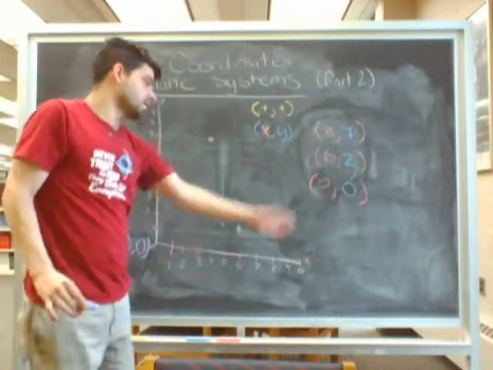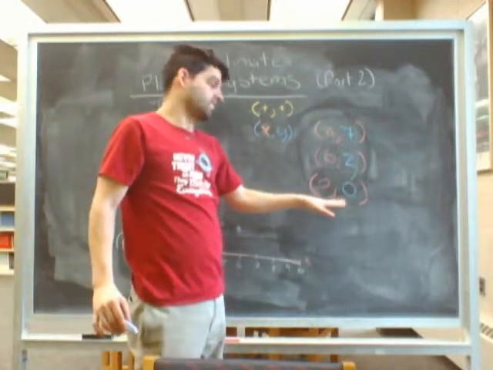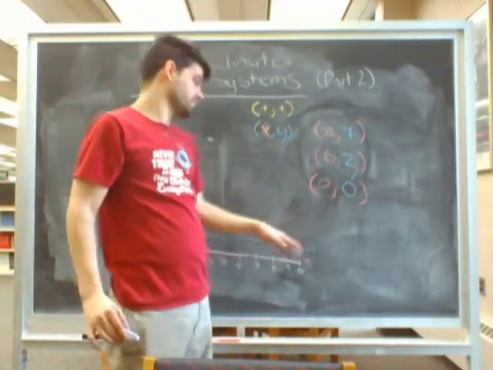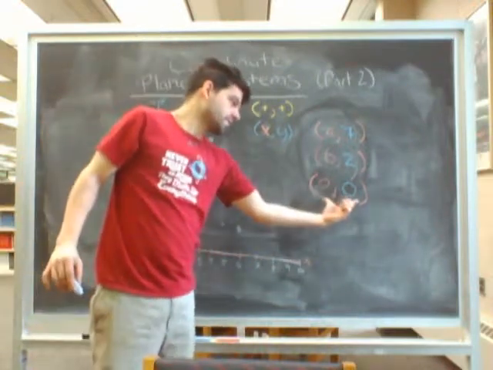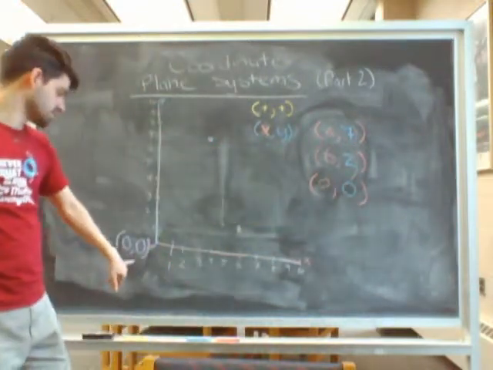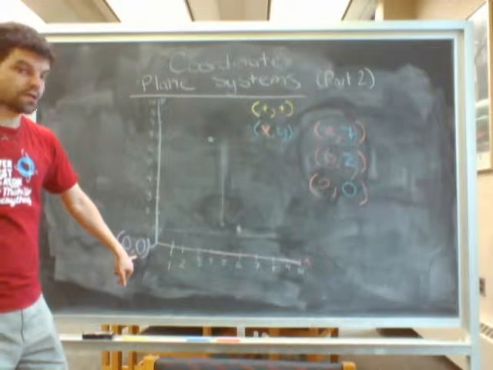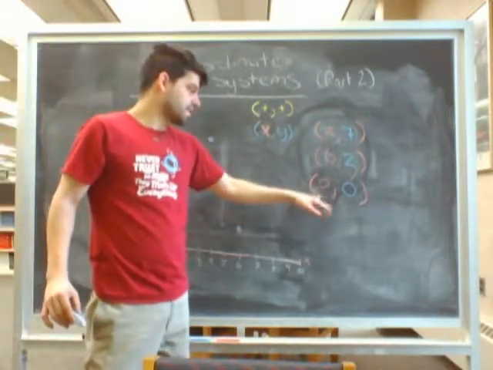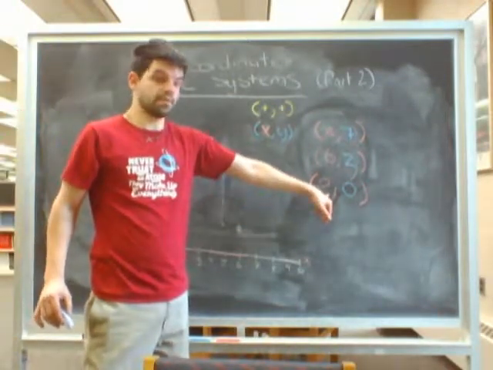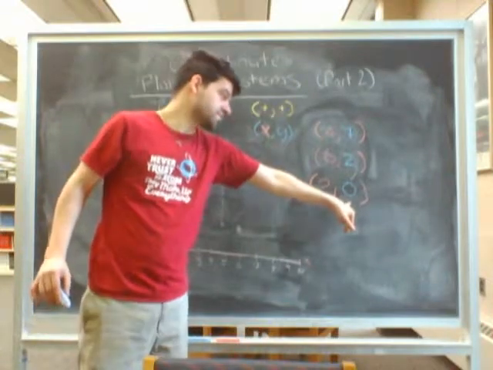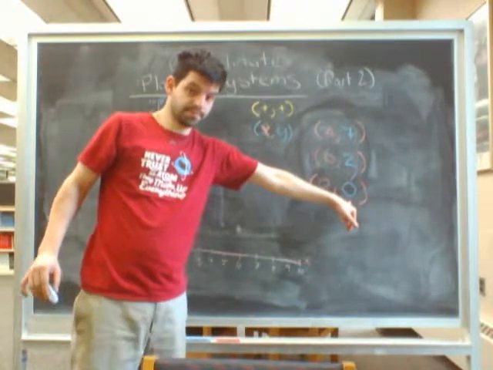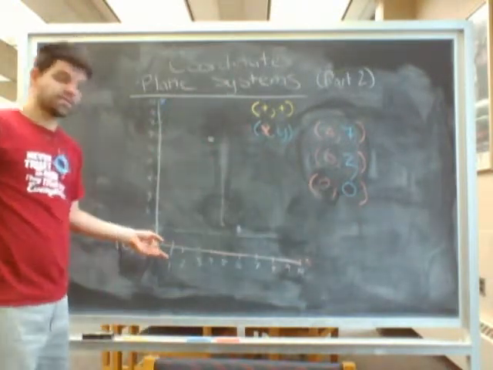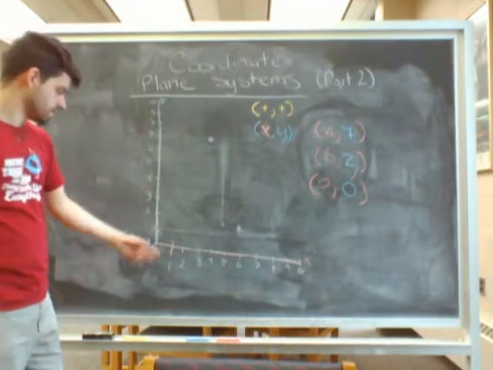Now, looking at the last player, we see something very significant. 0, 0 is also the origin. Another way to put it is he's moving 0 units to the right, 0 units up. He's going to stay exactly where he is.